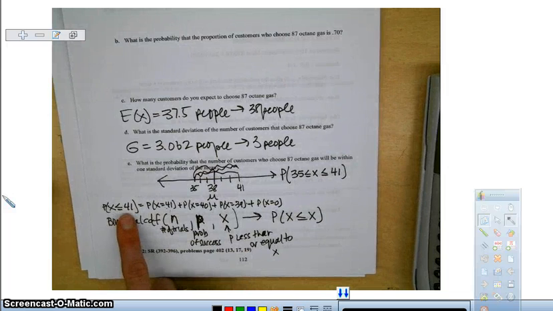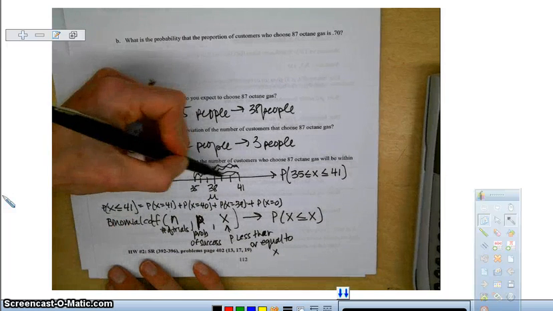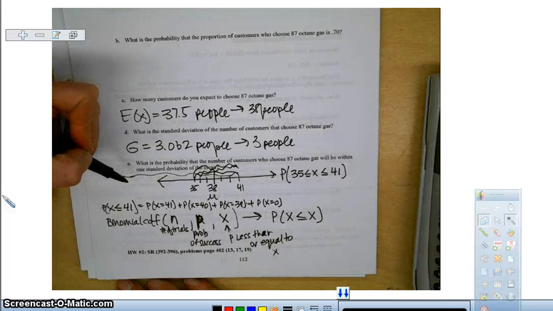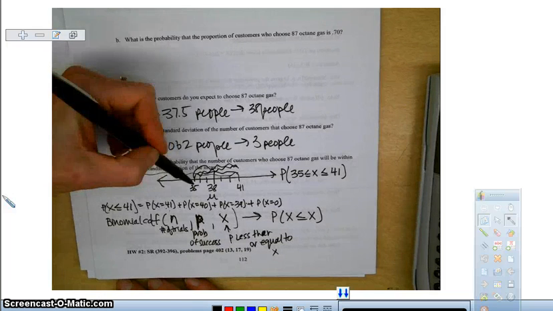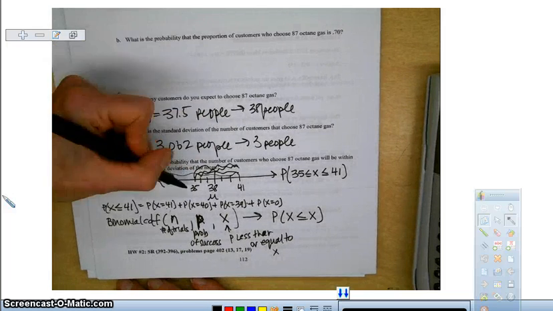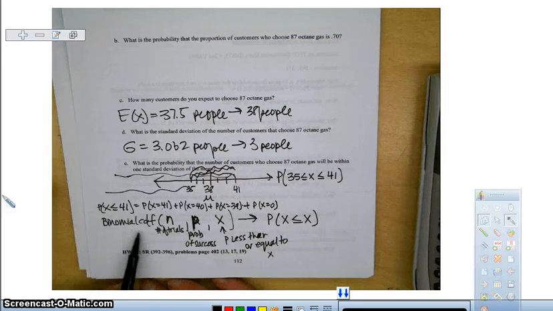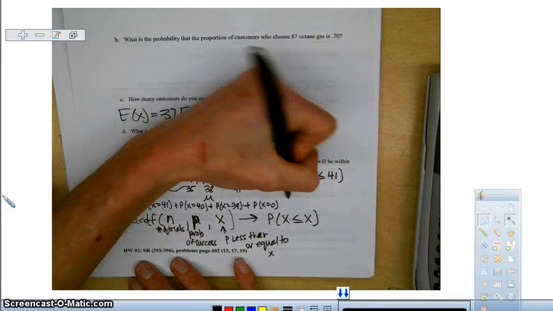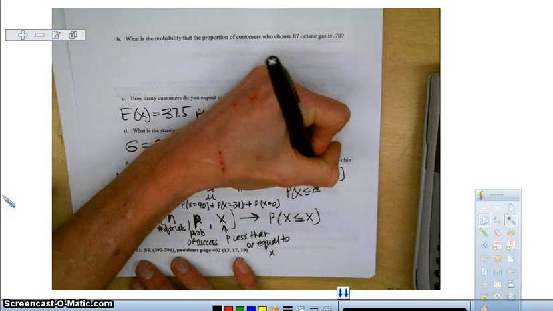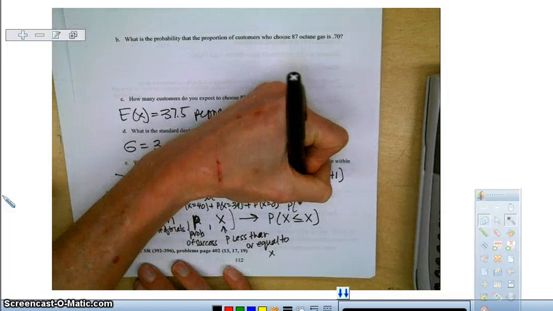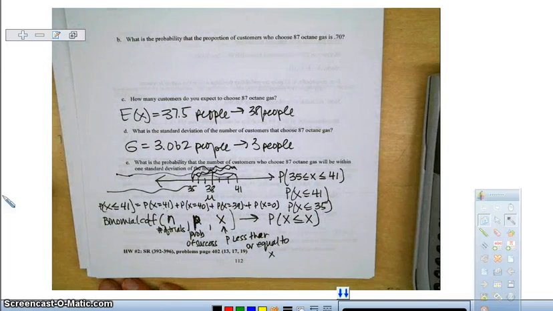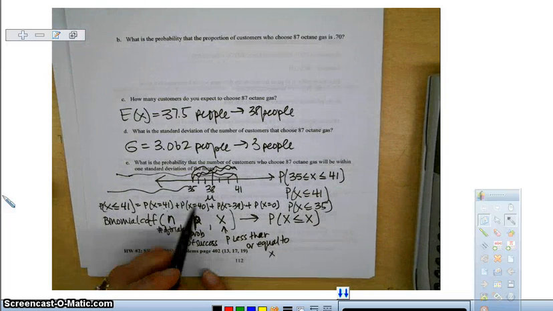Now that's not everything we need. The bad part is that it finds everything below 41. And then we need greater than 35, but the easier way to do this is to find everything less than 35. Since this command only does less than, my strategy is to find the probability that x is less than or equal to 41, and then the probability that x is less than or equal to 35. But I have to be careful because I want the 35 included.